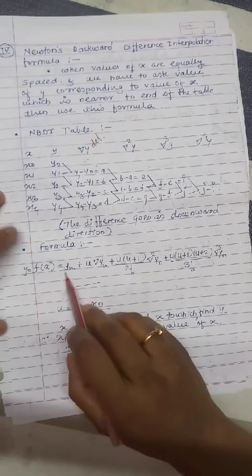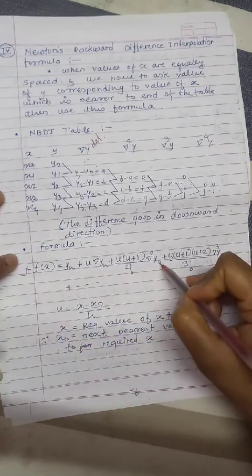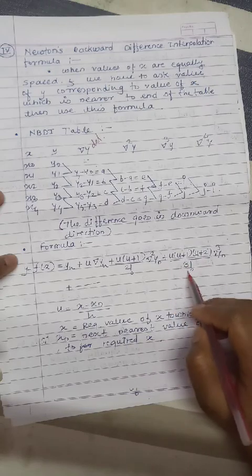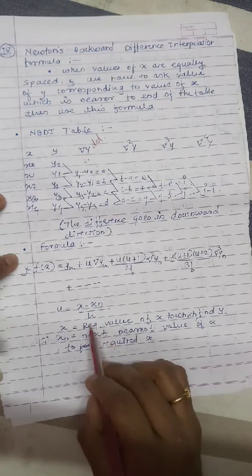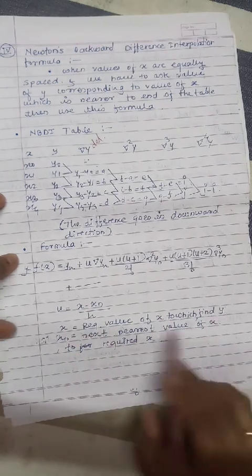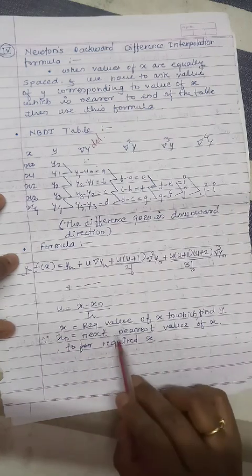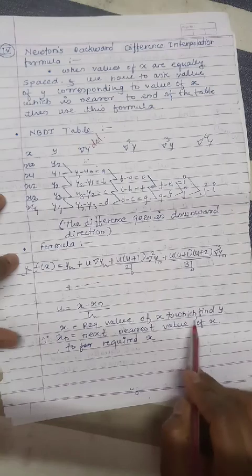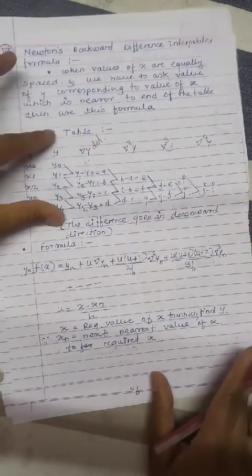The formula is f(x) = yn + u del yn + u(u+1)/2! del square yn + u(u+1)(u+2)/3! del cube yn, and so on, where u = (x minus xn)/h, x is the required value of x for which we have to find the value of y, and xn is the nearest value of x to the required value. So this is the table and this is the formula.